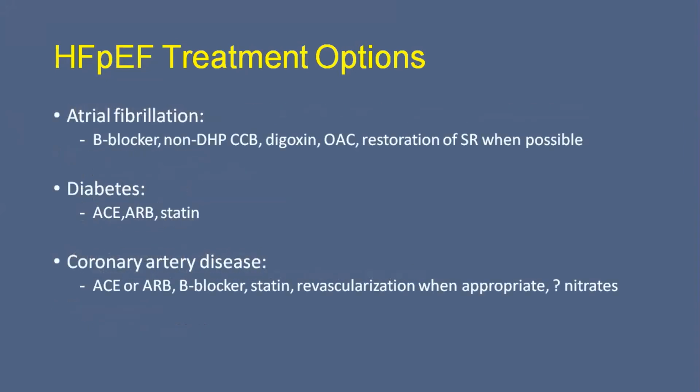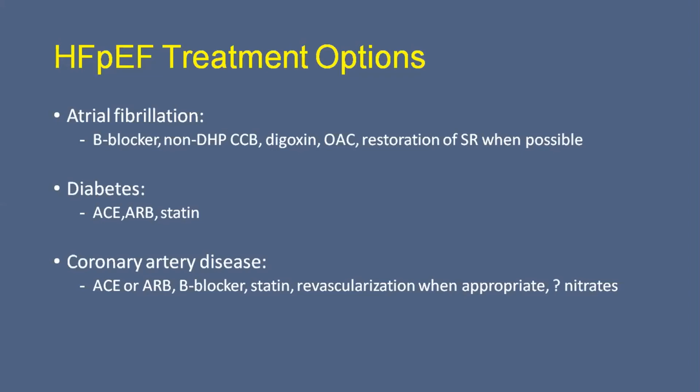Atrial fibrillation: beta blockers, non-dihydropyridine calcium channel blockers, verapamil, diltiazem, then digoxin, and restoration of sinus rhythm when possible. Diabetes: ACE inhibitors, ARBs, statin. Coronary artery disease: ACE inhibitors, ARBs, beta blockers, statin, revascularization when appropriate.